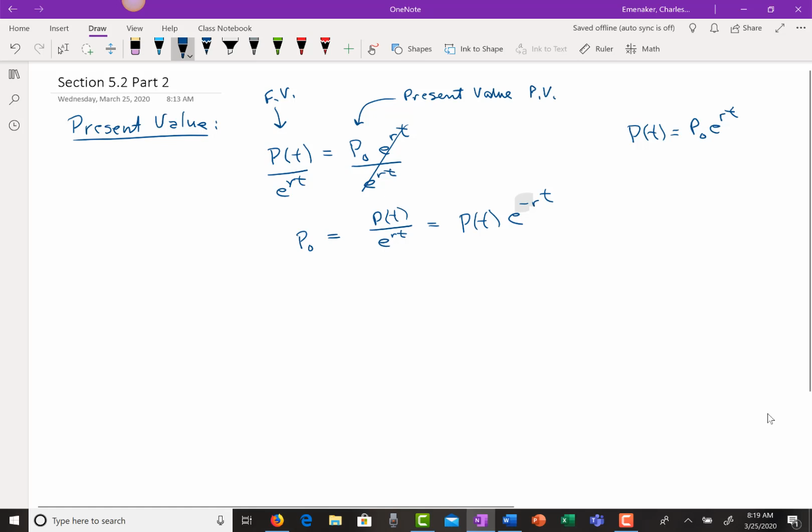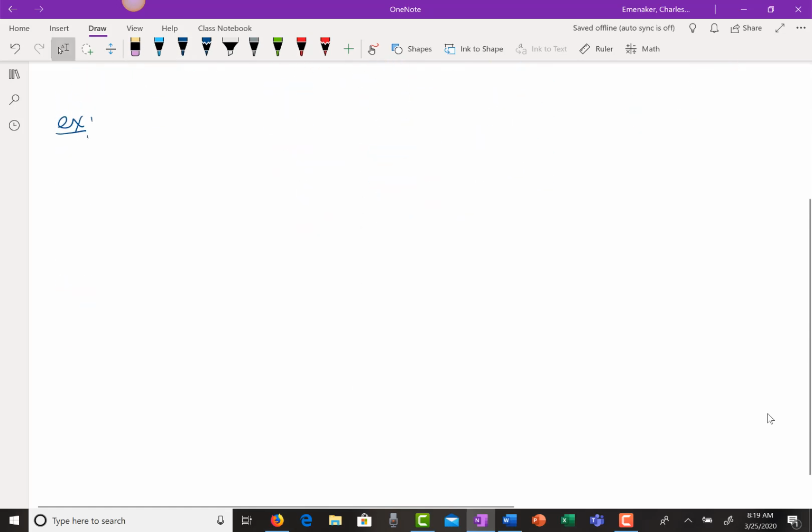Let's take a look at an example. Let's say that in 10 years, Sam will receive $250,000 in a trust fund.